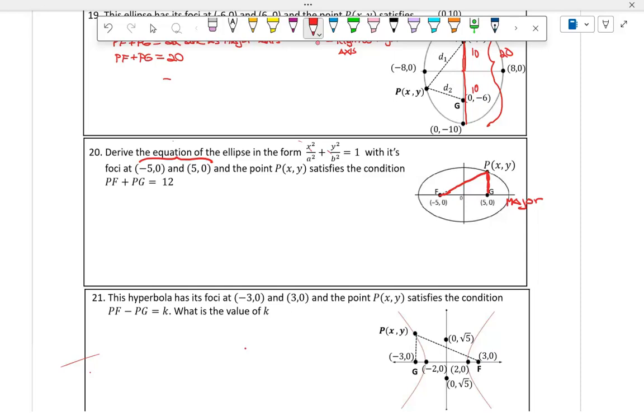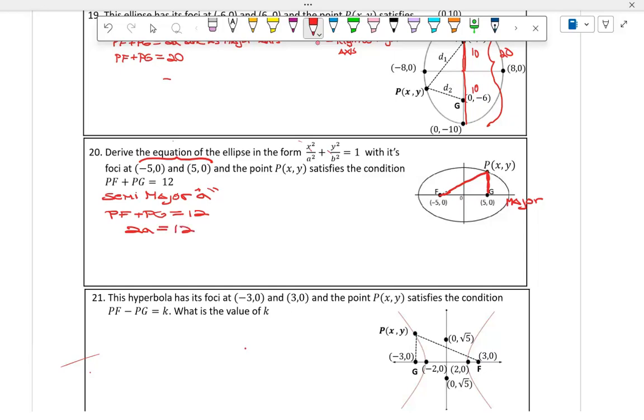All right. So the way that we did this was we said the semi-major, that's A. So I know that this special sum, PF plus PG, is 12. And I know that's the length of the major axis.